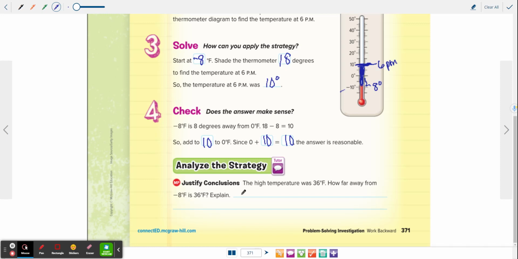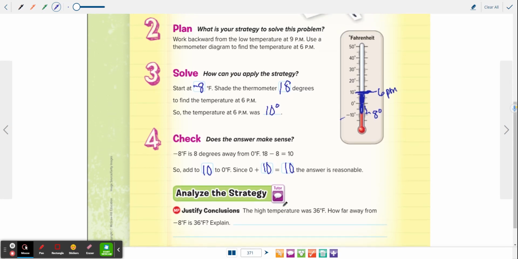Let's see. This one says the high temperature was 36 degrees. How far away from -8 is 36? How could we do that? Well, if we're up here at 36, there's 35. This right here would be 36. So how far away from -8 is 36?